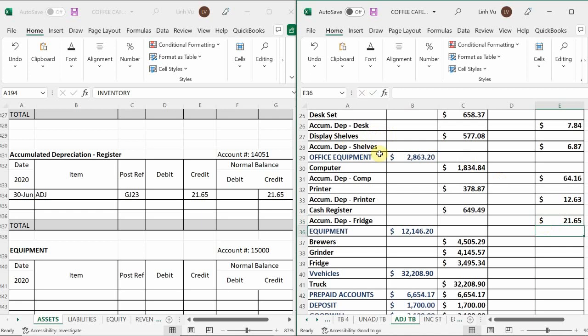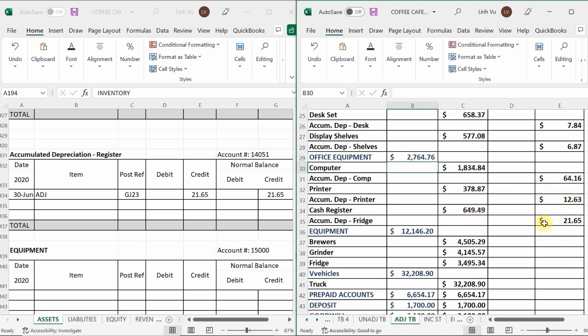Once again, that will change the value of my office equipment here. Right now, I'm currently standing at $2,863.24 or $63.20. This is going to be my computer minus the depreciation, plus my printer minus the depreciation, plus my refrigerator minus the depreciation.